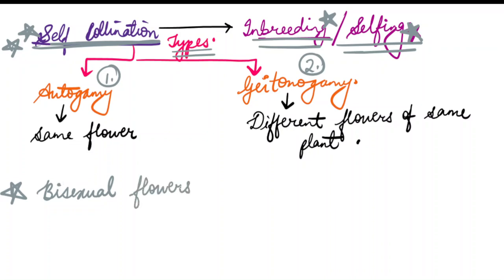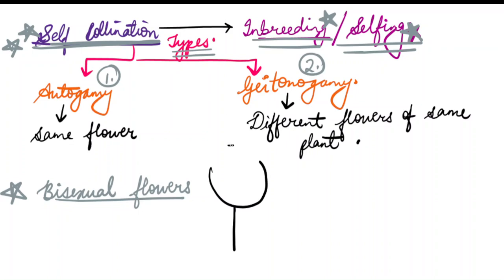Now what are bisexual flowers? A single flower is having the female part as well as the male part. Single flower is having both the parts. I will draw it bigger.